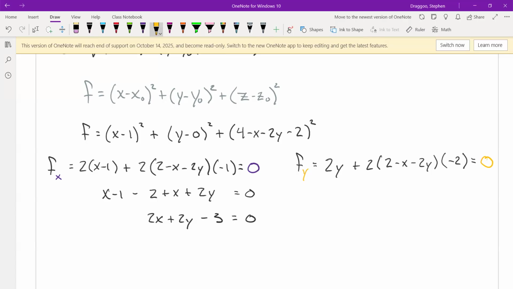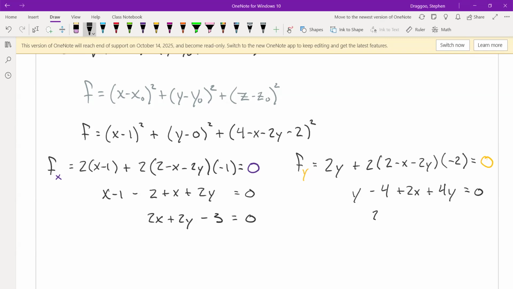And then do the same thing. Solving this mess. Again, I'll divide everything by 2 because I've got factors galore. This is y minus 4 plus 2x plus 4y equals 0.